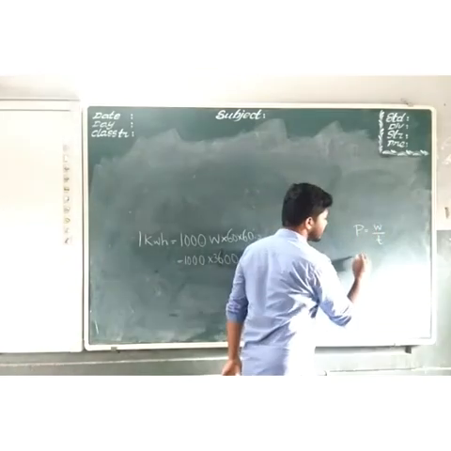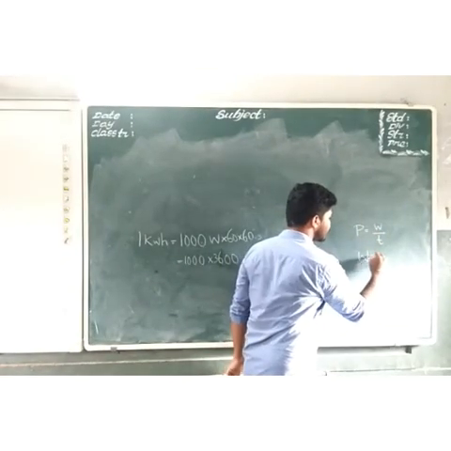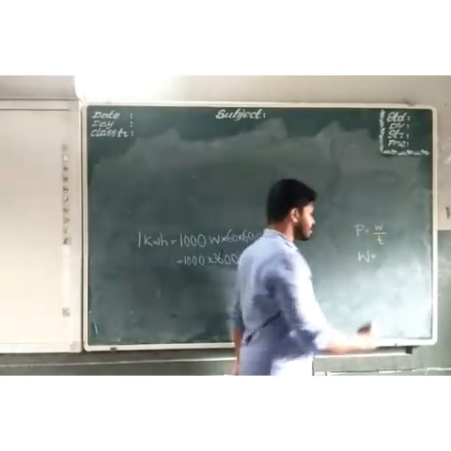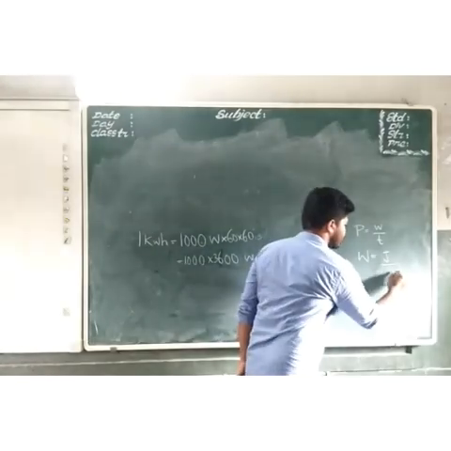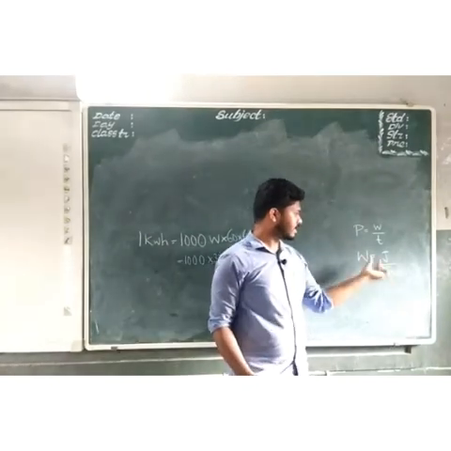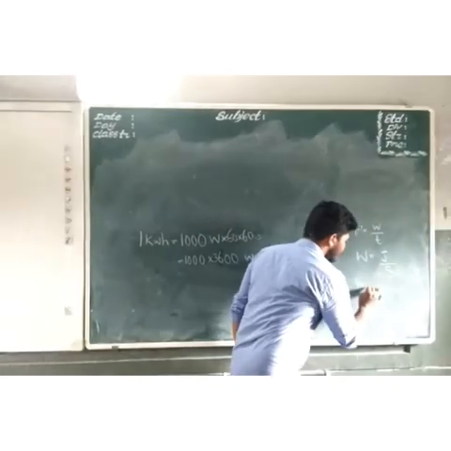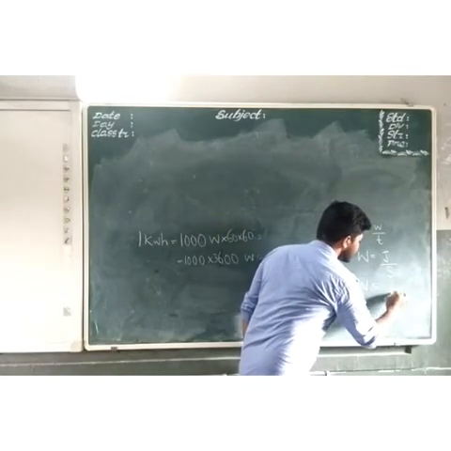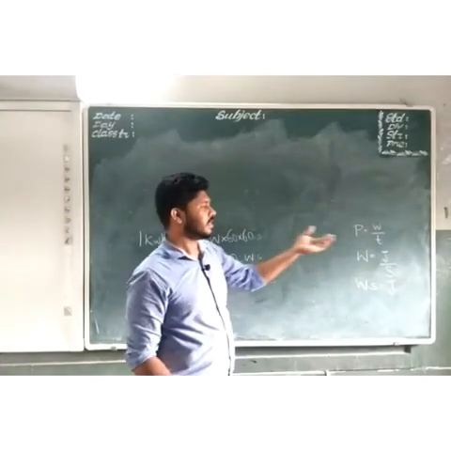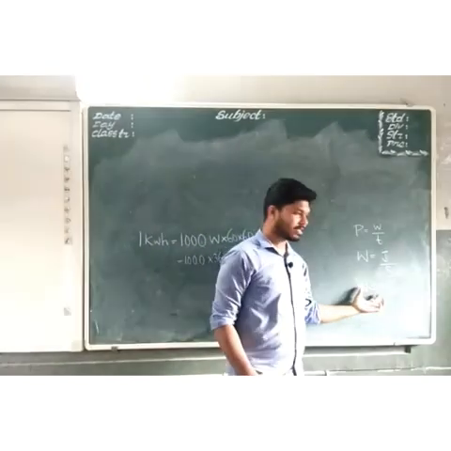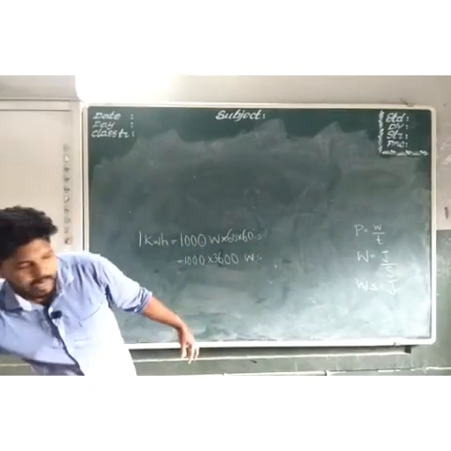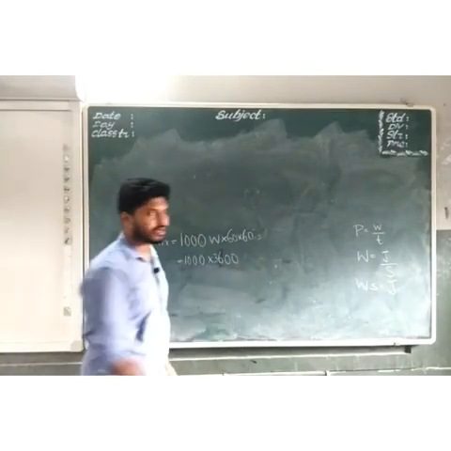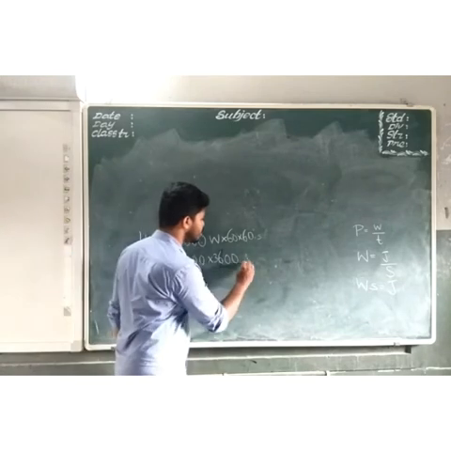What is the unit of power? Unit of power is watt. Unit of work or energy is joule. Unit of time is second. So when I take this second to the other side, it becomes watt second, which is equal to the unit joule. So instead of watt second, I can write joule.